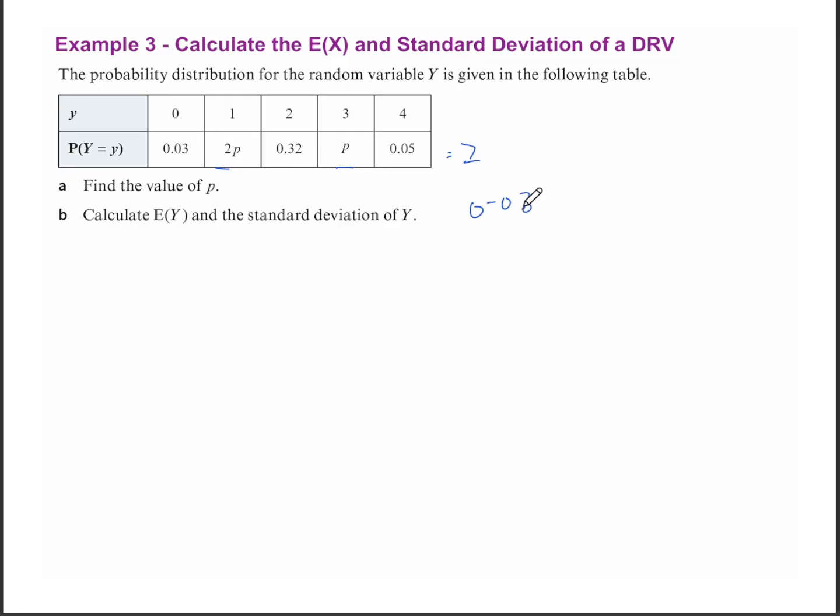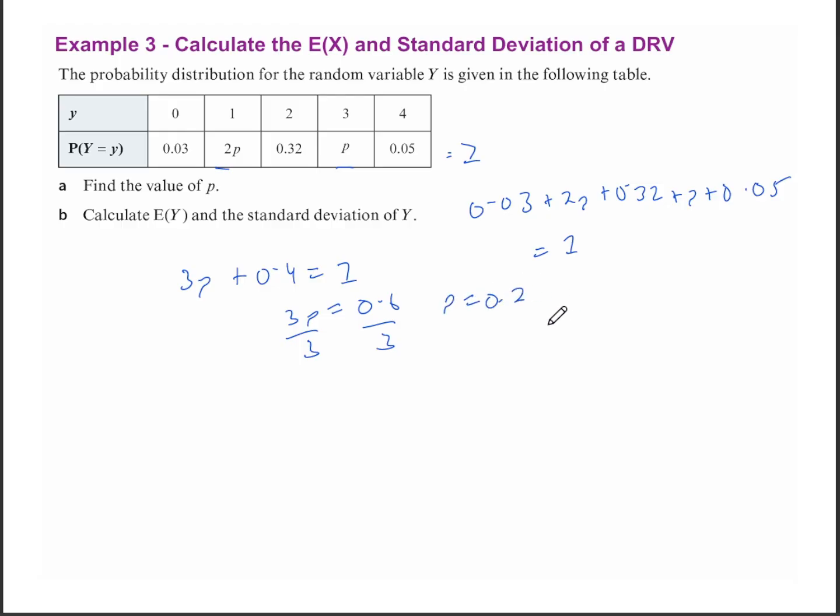Therefore, 0.03 plus 2p plus 0.32 plus p plus 0.05 is equal to 1, which tells us that 3p plus 0.4 is equal to 1, which means 3p is equal to 0.6. Divided by 3, we get that p is equal to 0.2. Therefore, this right here will be 0.4 and this right here will be 0.2.